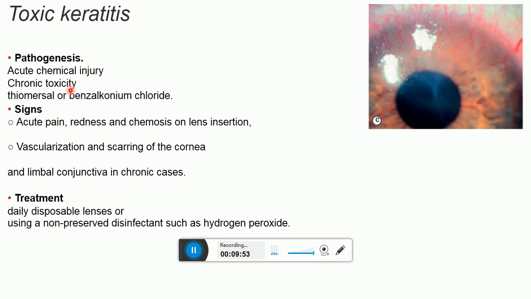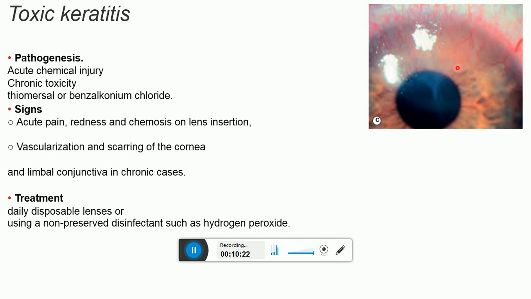The chronic toxicity results from long-term exposure to disinfecting preservatives such as thiomersal or benzalkonium chloride. The signs: there will be acute pain, redness, chemosis after lens insertion, which may take 48 hours to resolve completely.